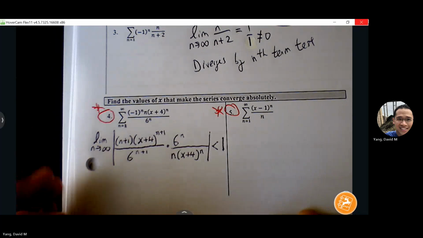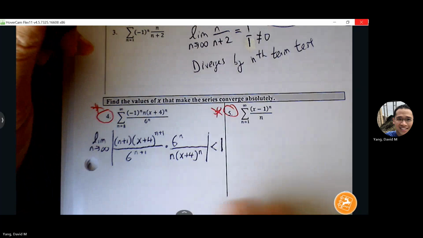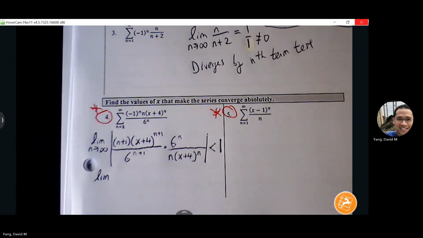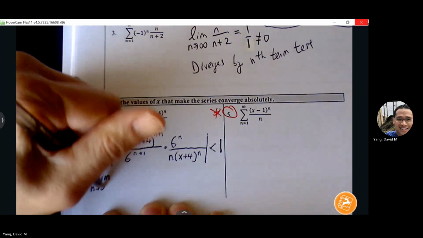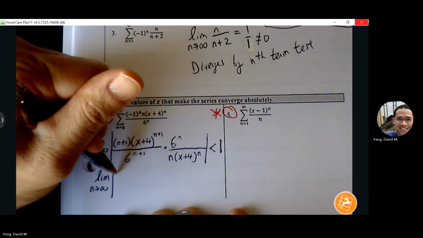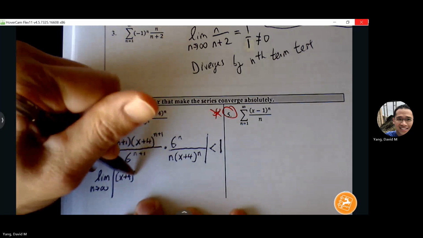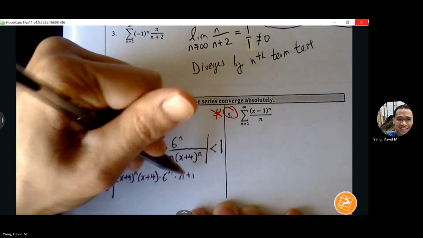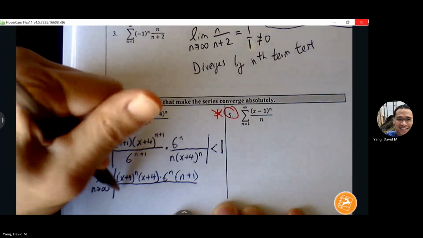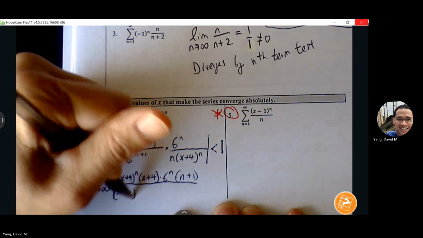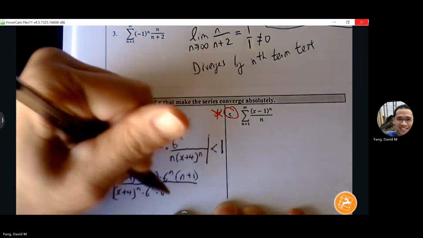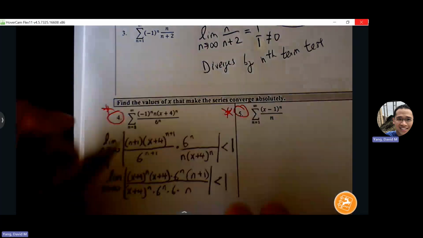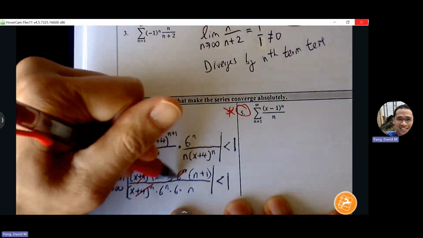Okay, so let's do some cleanup here. Let's do some reducing here. x plus 4 to the n cancels out. 6 to the n cancels out.